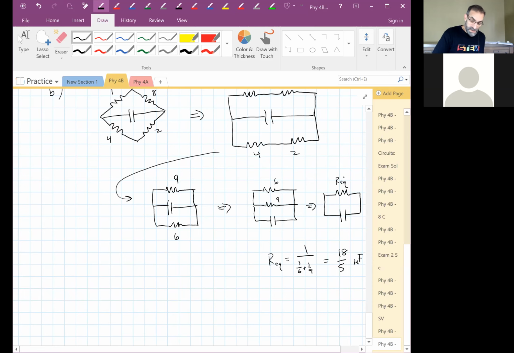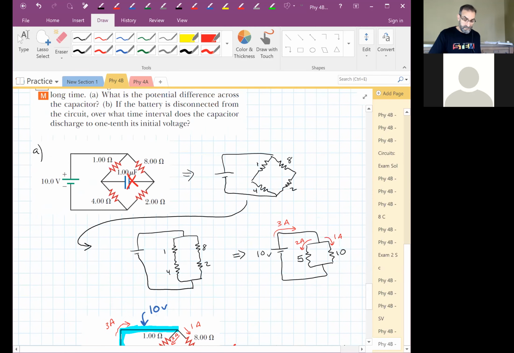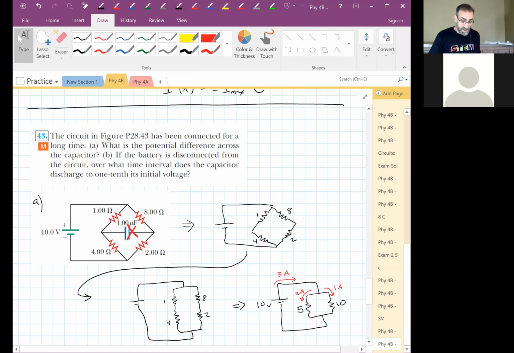All right, we have an RC circuit. We got most of the way there. We have to finish it though. Over what time interval does the capacitor take to discharge to 1/10 of its initial value?